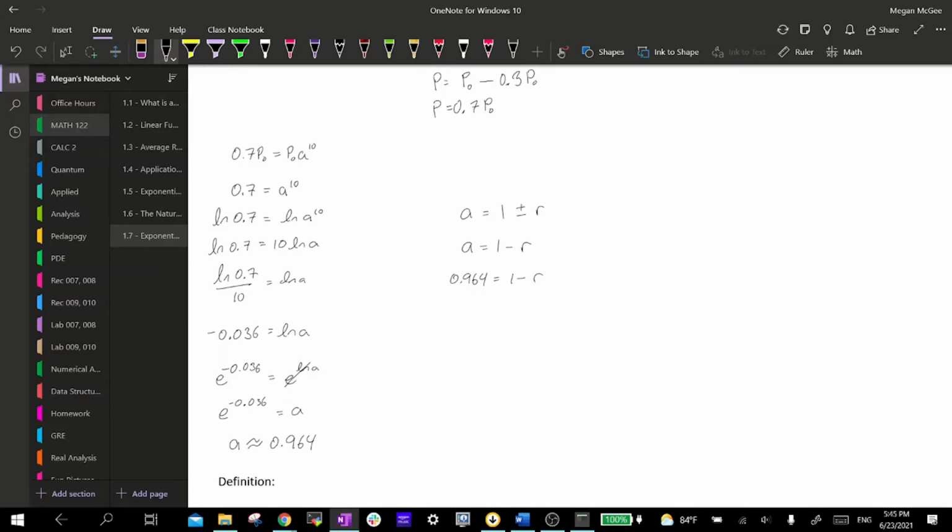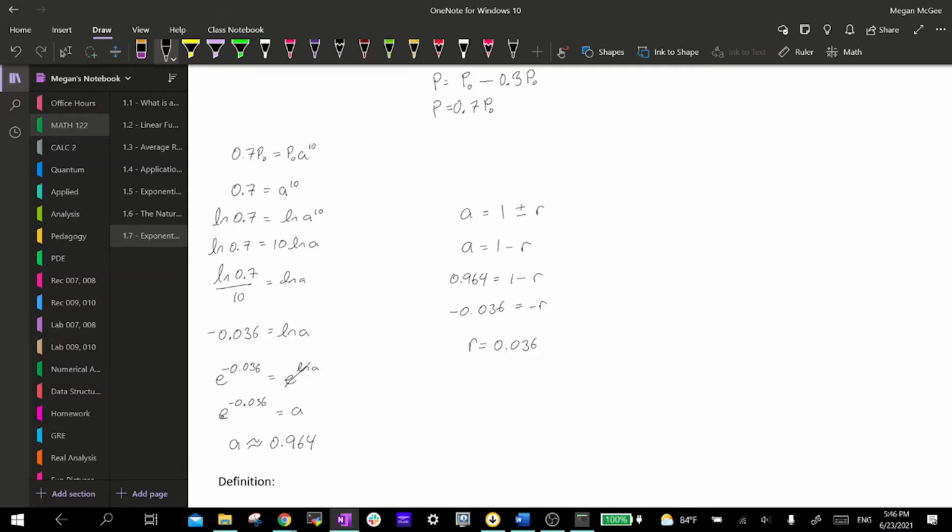We can go ahead and subtract 1 from both sides. We'll get negative 0.036 is equal to negative r. And we like things to be positive when they can, and I'd just like to switch the order here. So r is equal to 0.036.